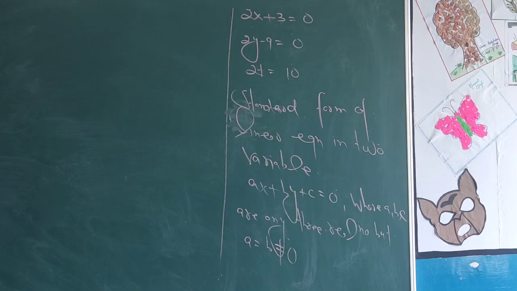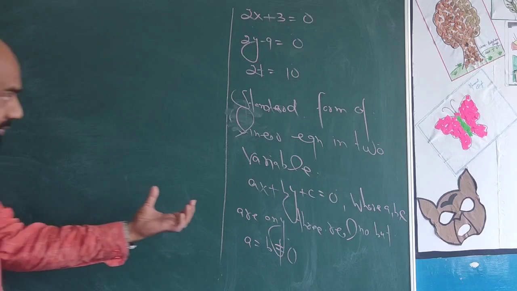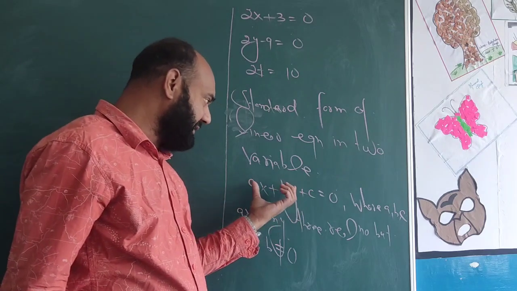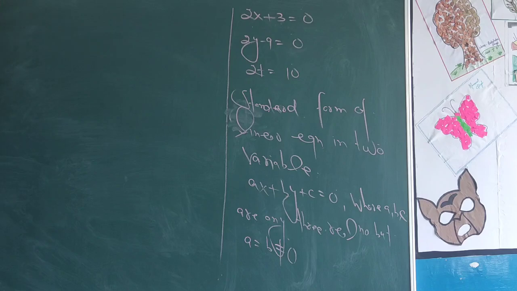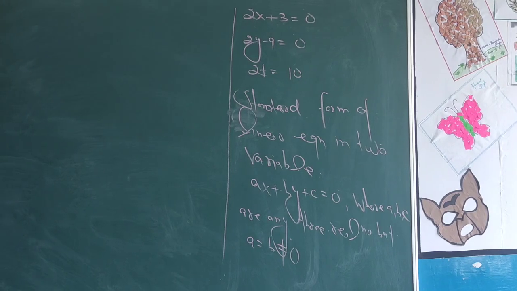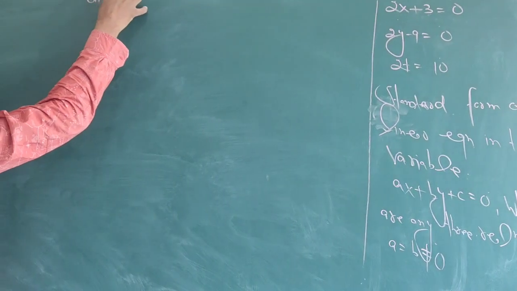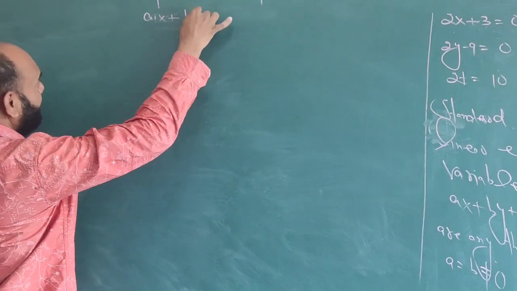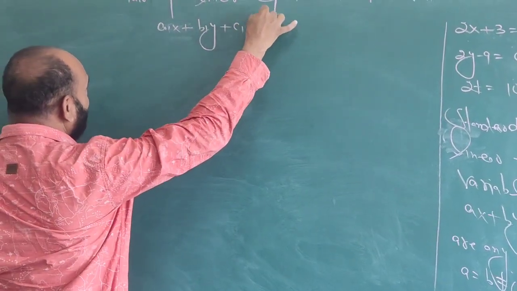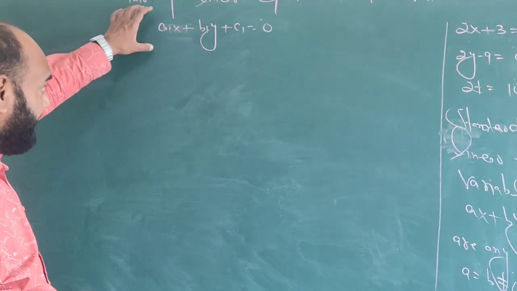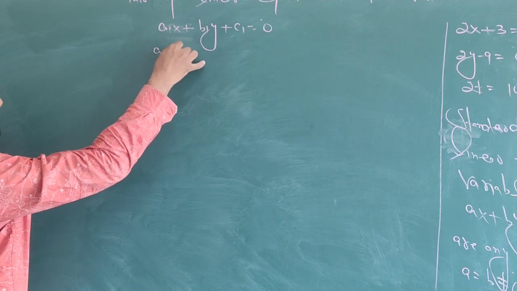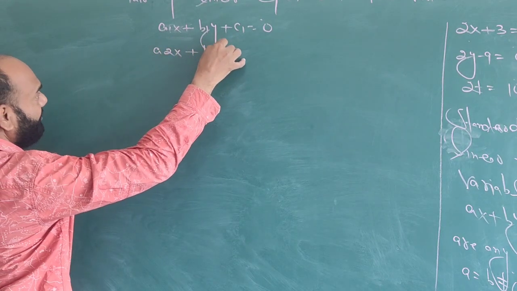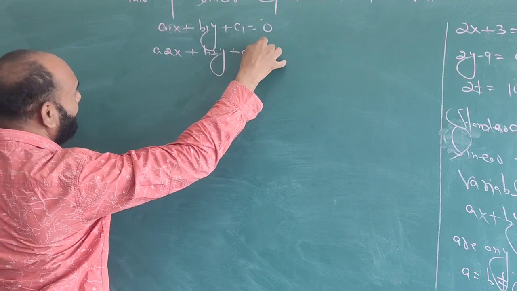So in this chapter we study these types of two equations. They are a1x plus b1y plus c1 equal to 0. This is the first linear equation in two variables, and secondly we take a2x plus b2y plus c2 equal to 0.